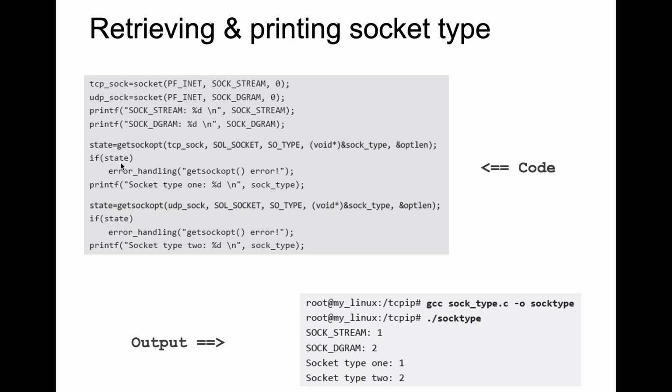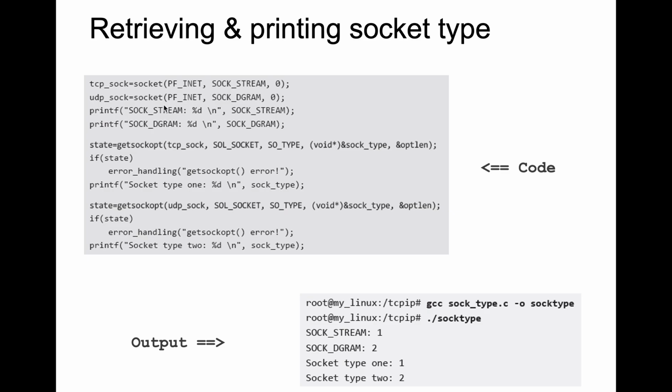And then if the get socket option gives an error, which it will not because we are providing everything correctly, we will be given the socket type that was loaded into this variable. What we're doing is printing out the socket type 1, the value of the socket type variable that was filled after the get socket option function call. And what we get on this line must match the socket type of the TCP socket file descriptor, which was created at the beginning with the socket stream file descriptor.